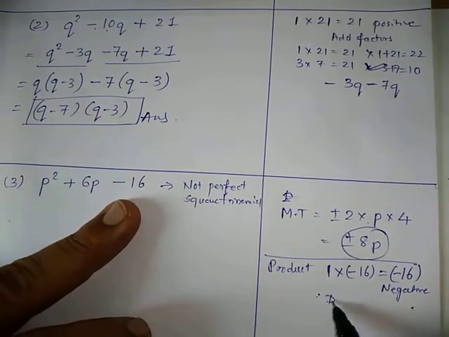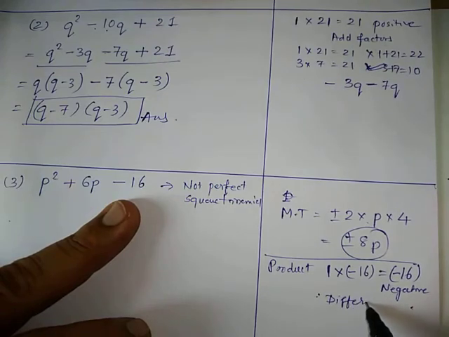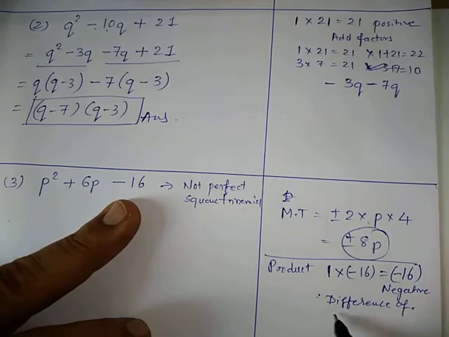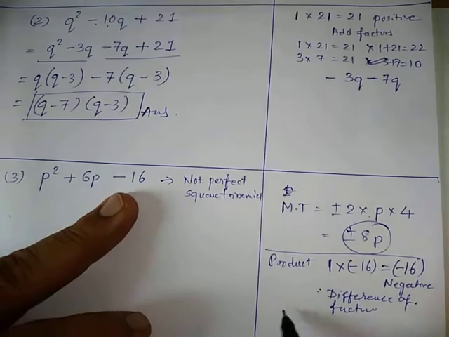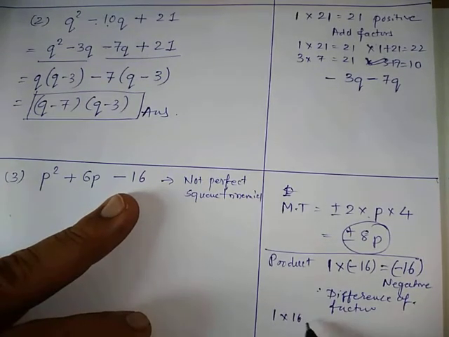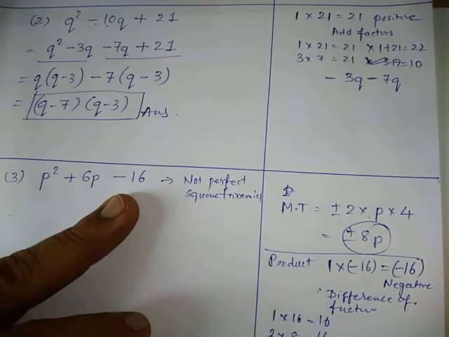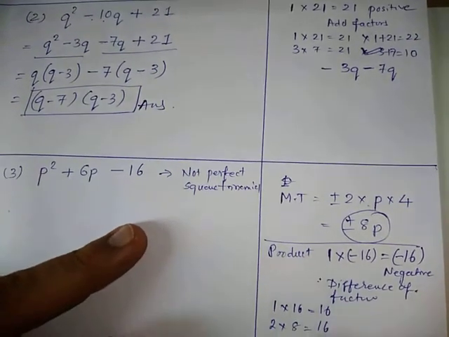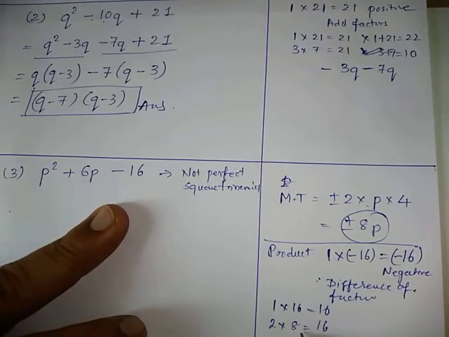So the factors of 16: 1 into 16, 2 eights are 16, 4 fours are 16. We have to take the difference of these two.